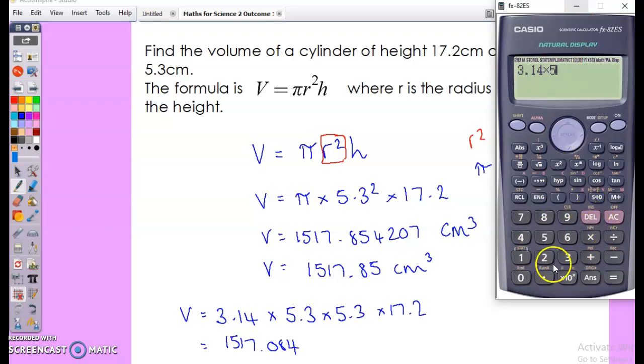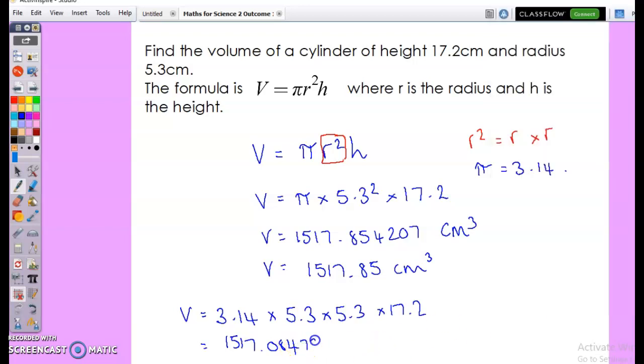Convinced I've hit the wrong button somewhere. No, it is just different. So it would be 1517.08 centimetres cubed. Okay, let's try the next one.